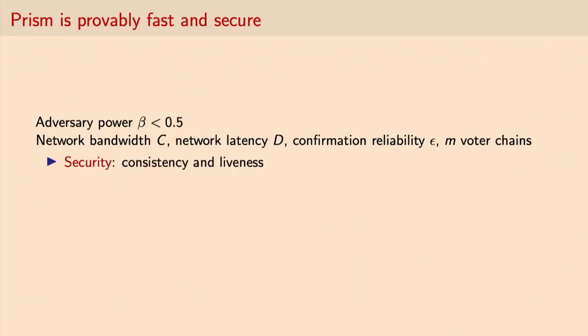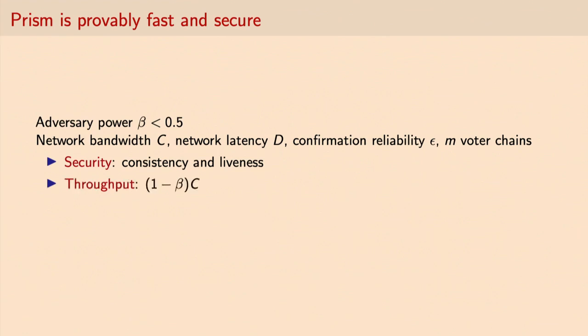In a recent paper we published in ACM CCS 2019, we mathematically proved that as long as the adversary has less than 50% power, Prism guarantees security, liveness, and consistency as in Bitcoin.